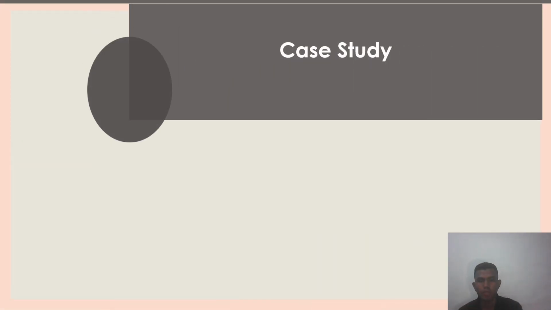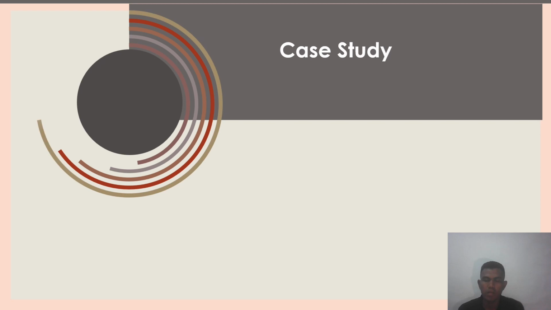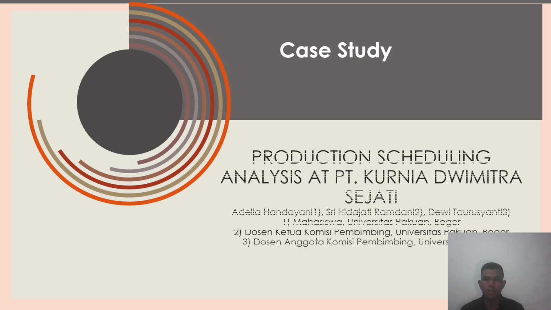Now, the case study. In this case, I take a production scheduling analysis at PT Kurnia Dwi Mitra Sejati. In general, all companies in production should schedule production properly in advance so that the company can achieve the targets or goals that have been planned.